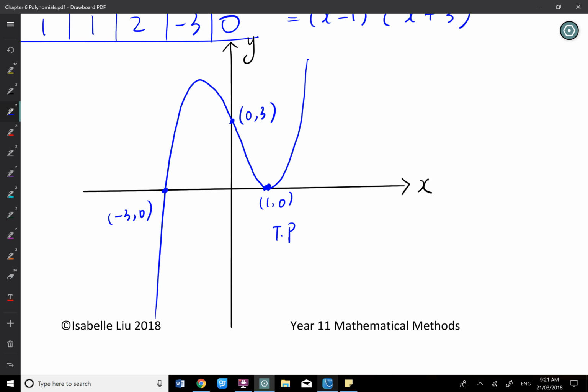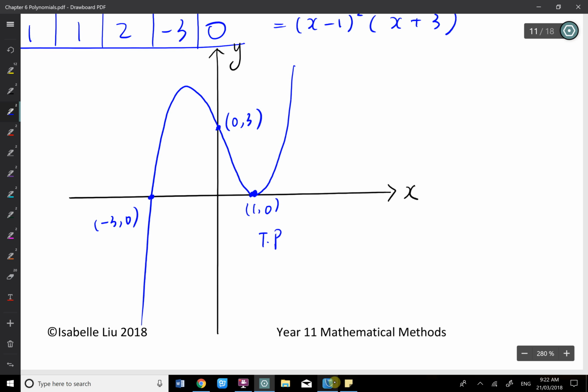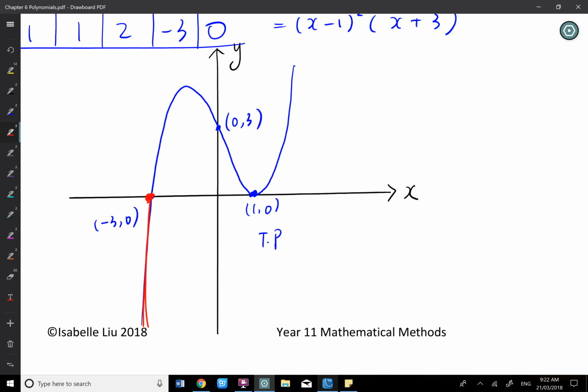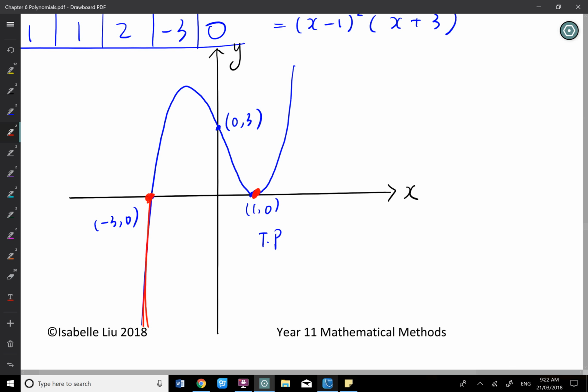What I need is this thing less than or equal to 0. So which part is less than 0? Here. Here. Including that point. Is there any other point satisfied? Less than or equal to 0. So 1 will be satisfied as well.